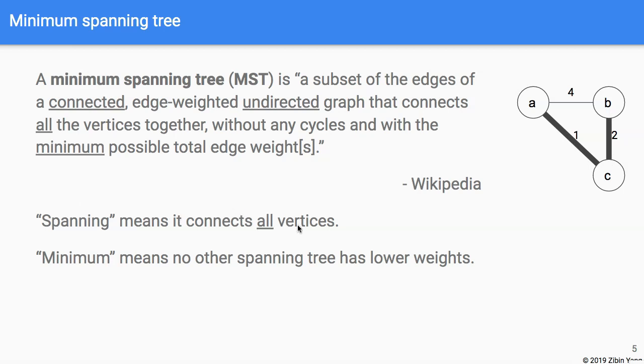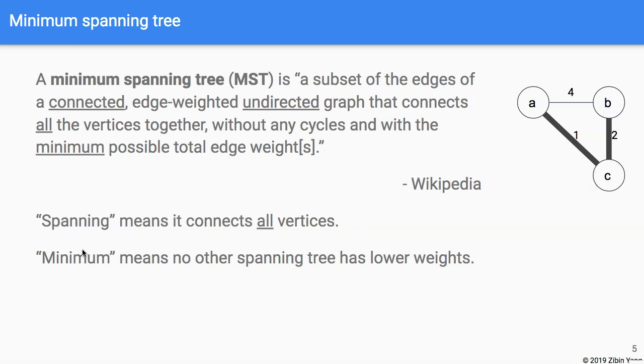It connects all the vertices. And note that the MST does not include this edge of weight 4 because it just doesn't need it. These 2 edges by themselves can already connect all 3 vertices. So it's enough for spanning.